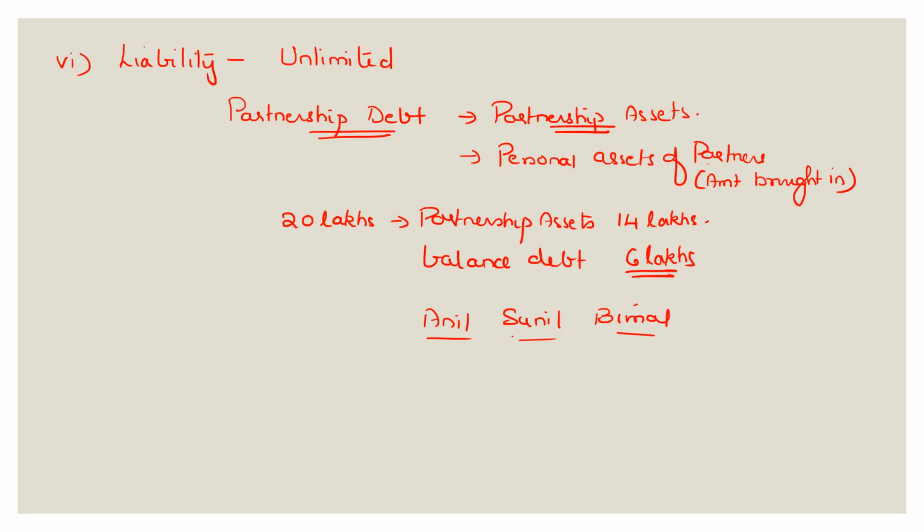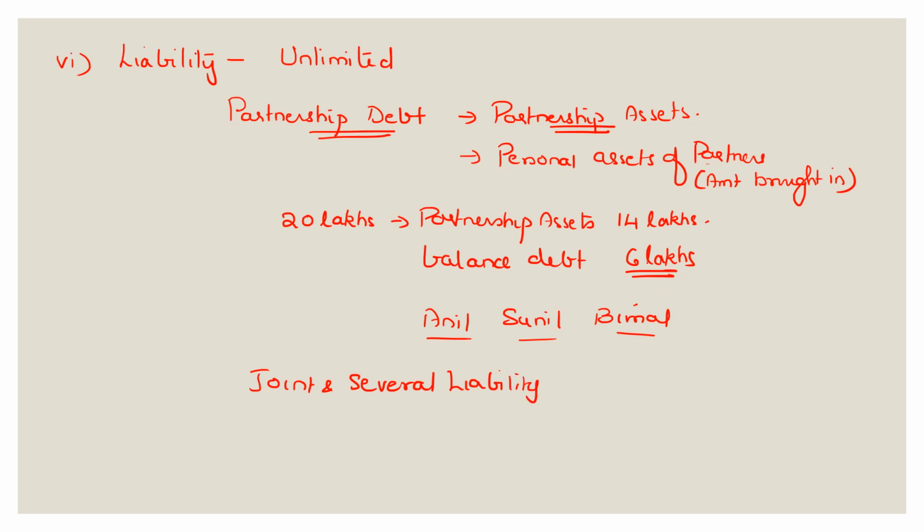So equally they have to bring in at least 2 lakh each, or one might bring in the entire amount, then he can collect it from the other partners. Like Anil might pay off the entire 6 lakh and then collect 2 lakh from Sunil and Bimal. That is also called joint and several liability. In between the partners, there is joint and several liability.